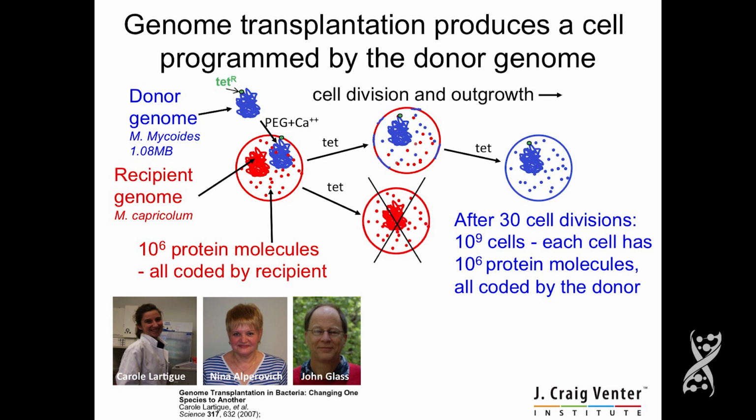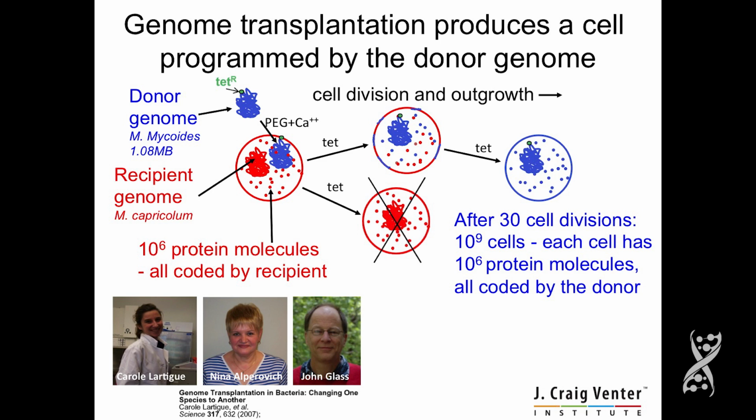And it was labeled with the tetracycline resistance gene. We then transformed that using fairly standard methods, polyethylene glycol and calcium ion, transformed it into recipient capricolum cells.